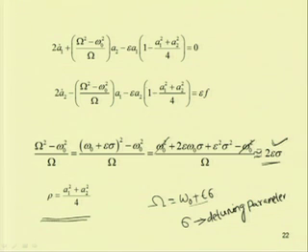So, these two equations can be written as 2a₁ dot plus 2εσa₂ minus εa₁(1 minus ρ) equal to 0. Similarly, the second equation can be written as 2a₂ dot minus 2εσa₁ minus εa₂(1 minus ρ) equal to εf.